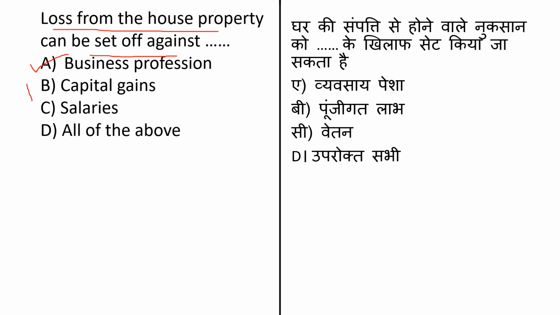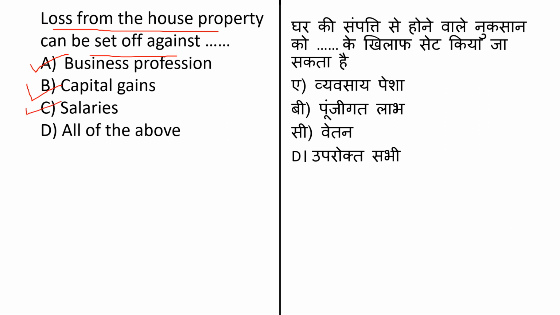Second option is capital gain. Capital gain is an economic concept defined as a profit earned on the sale of an asset which has increased its value over a holding period. An asset may include tangible property, a car, a business, or an intangible property such as shares. Third is salaries.